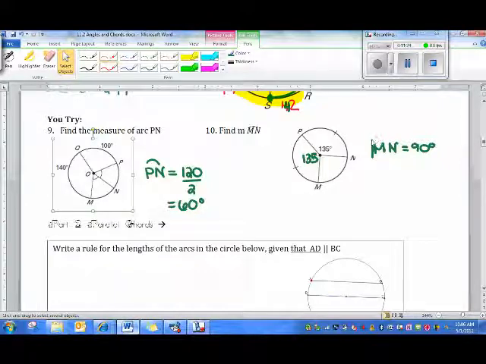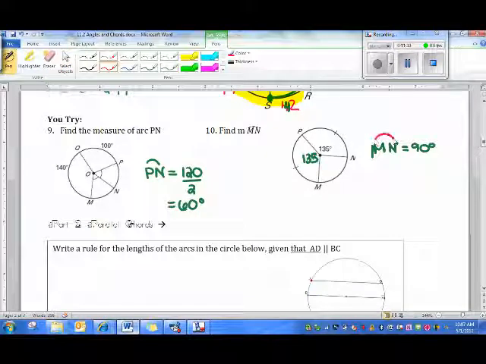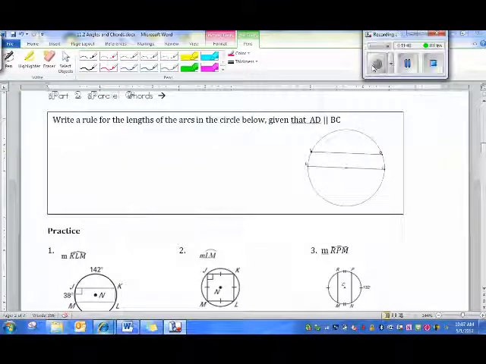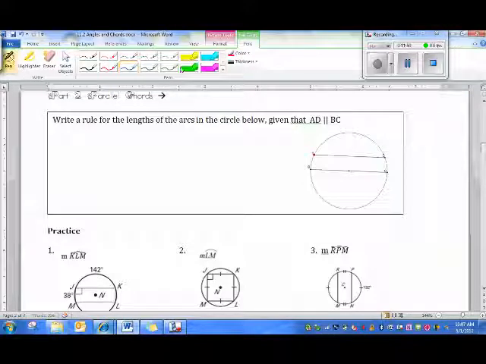The next thing we're going to talk about is parallel chords, and what happens when you have 2 parallel chords in a circle. So if you look down here, I've got a nice little diagram drawn for you, and it's pretty simple. If you have 2 parallel chords, so in this drawing, we have AD is parallel to BC, then we know the 2 arcs that they form, which in this case is AB and DC, those guys are congruent.